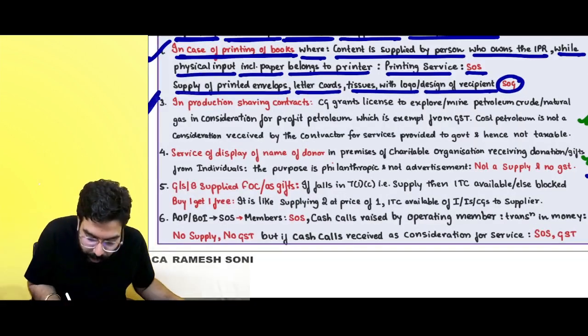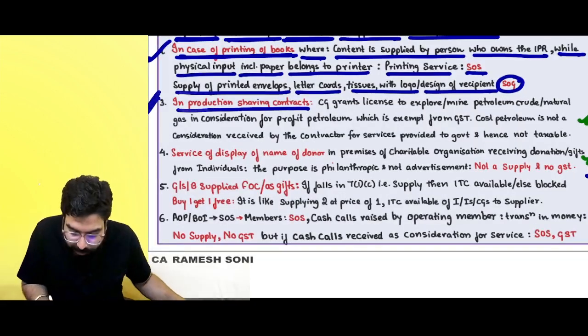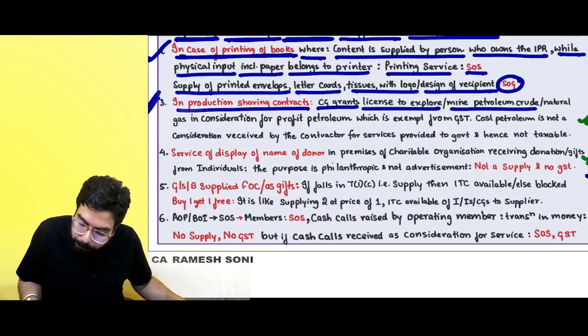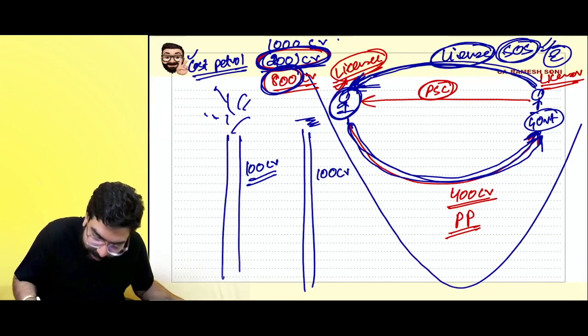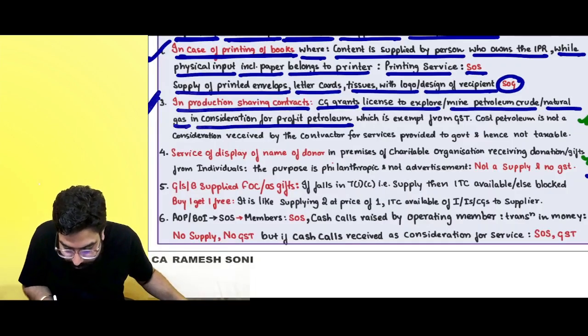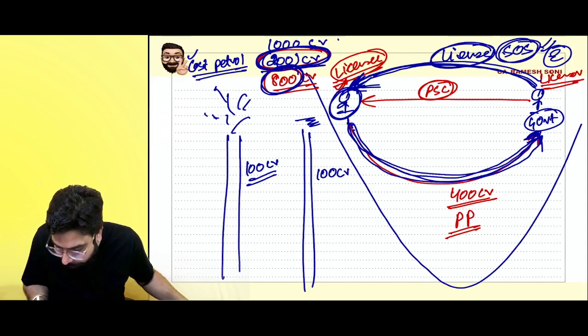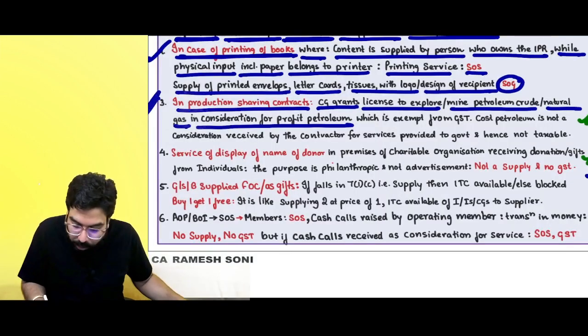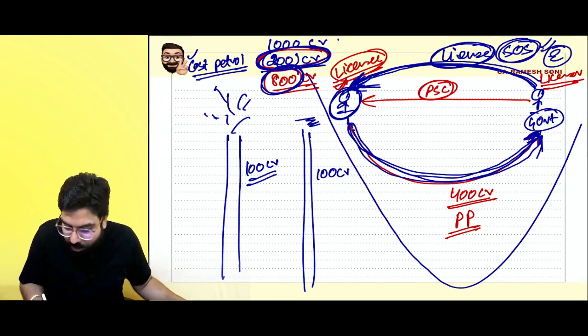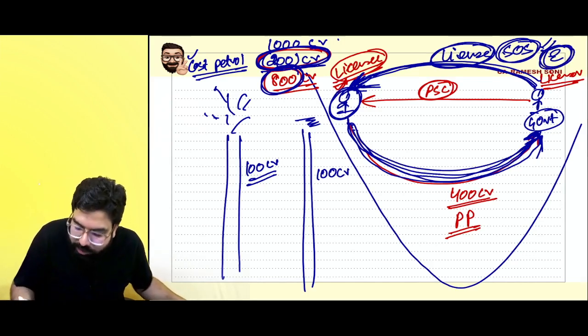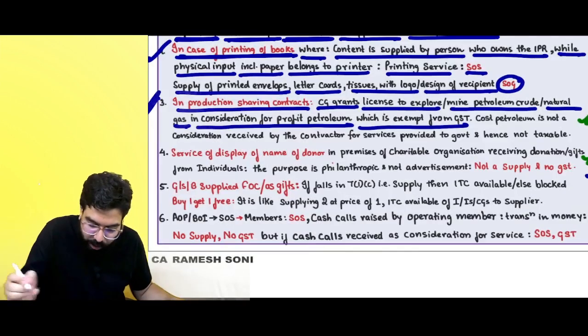Done, sir. In a production sharing contract, the central government grants a license to explore and mine petroleum crude or natural gas. So the government will give you the license. In consideration, you will give profit petroleum, which is exempted from GST. So basically, when the government is giving you the supply of service and you are giving profit petroleum, GST will not be charged by the government on this service.